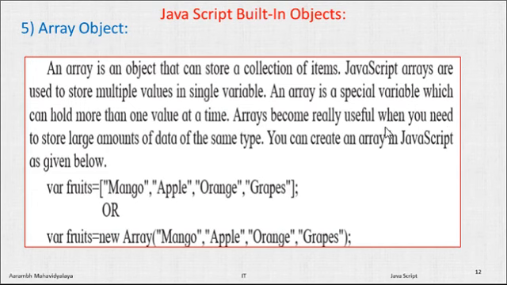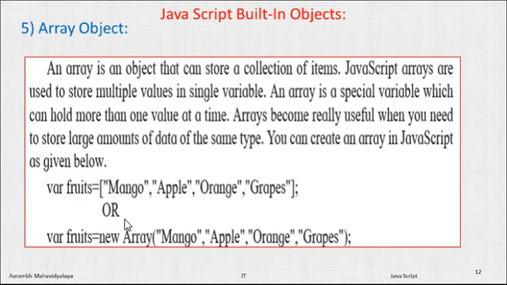Arrays become really useful when you need to store large amounts of data of the same type. You can create an array in JavaScript like this: var fruits, that means your fruits variable is used, and under this fruits variable we have specified an array of 4 items: mango, apple, orange and grapes. These are the 4 items under the fruits array.